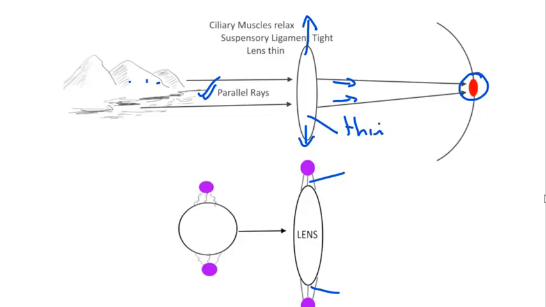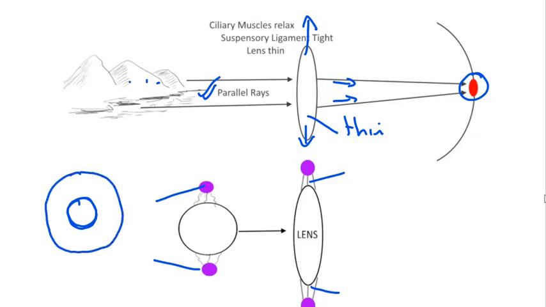Now, to achieve that, we need the ciliary muscle to go from a narrow diameter. So I'm now talking about these muscles here forming a circle, and we want the circle to become larger, like so.